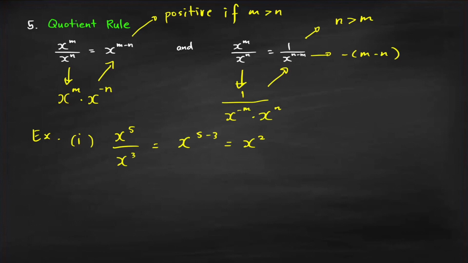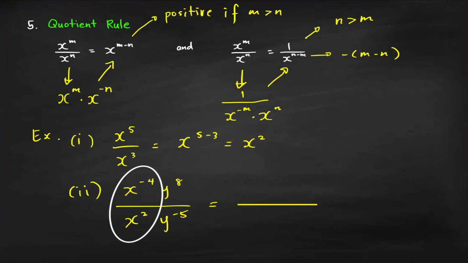Another example, so let's say we have x raised to negative 4, y raised to 8 all over x raised to 2, y raised to negative 5. Now, if we look at the quotient, x raised to negative 4 over x squared, since the power of the denominator is larger than the power of the numerator, it is better to use this equation, and we'll get x raised to 2 minus the power of the numerator, which is equal to negative 4.